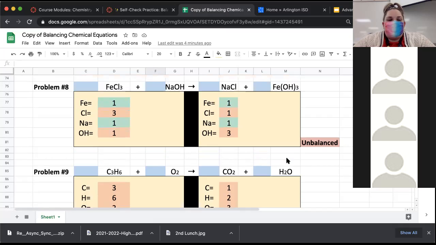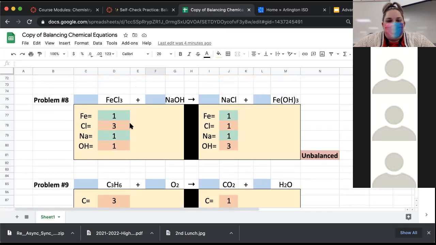All right, so going back up to this one, if we do chlorine, which side do we need to add a coefficient for chlorine? The reactant or the product side? What do you guys think? So the reactant side, I have 3. The product side, I have 1. So which side needs to increase?